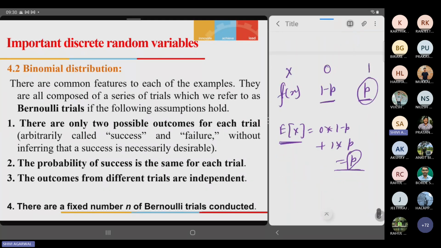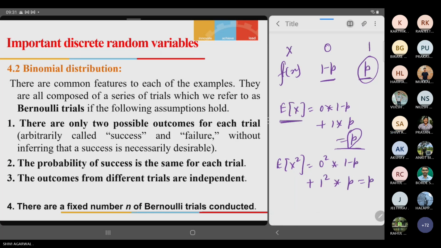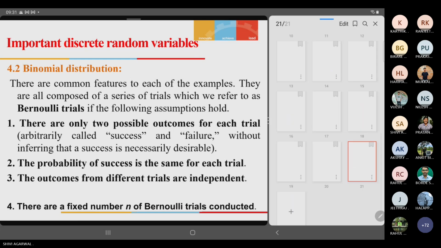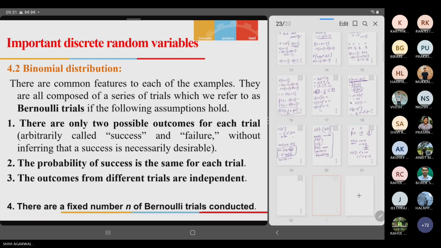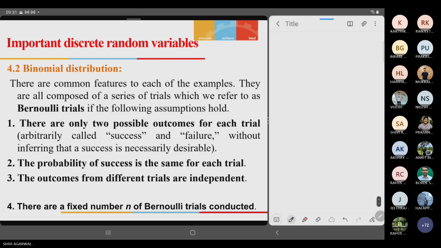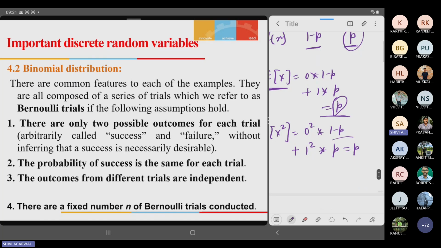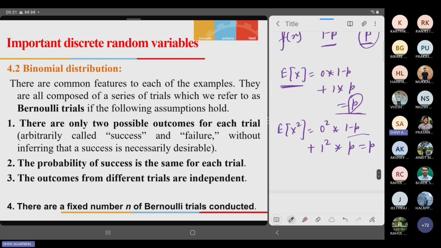You can also find the variance. How? Again, expected value of X square is 0 square multiplied by 1 minus P plus 1 square multiplied by P, so that is also P. So if you know the expected value of X square is equal to P, the variance is P minus P square.